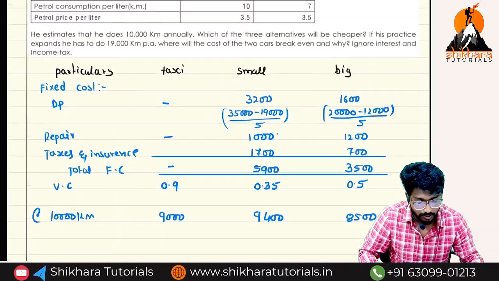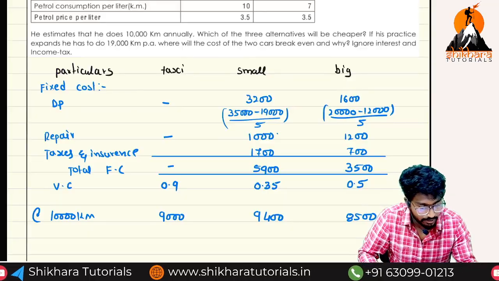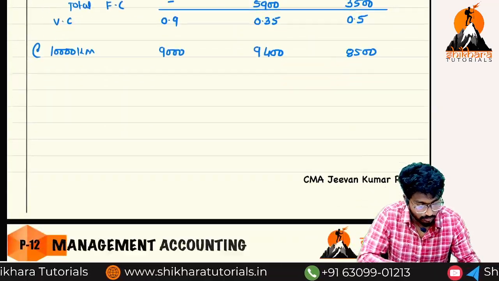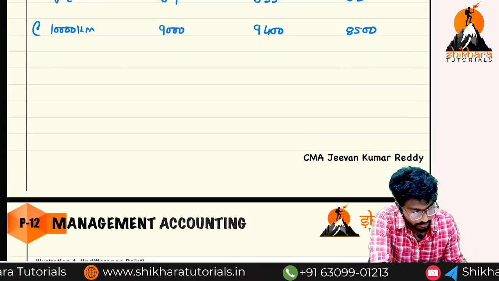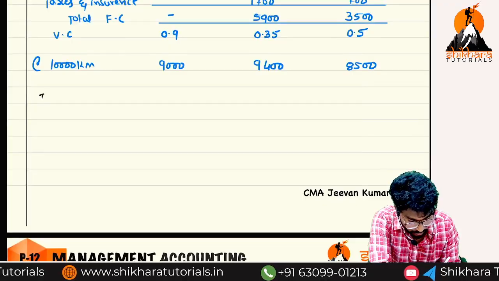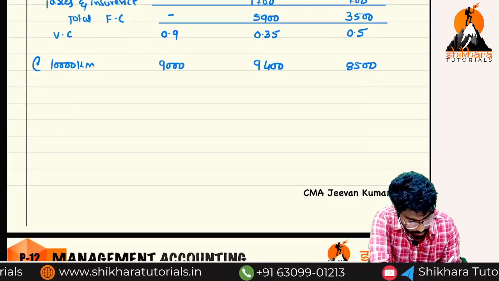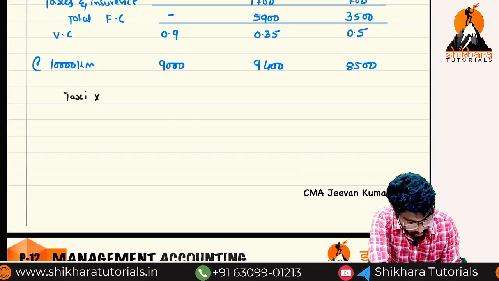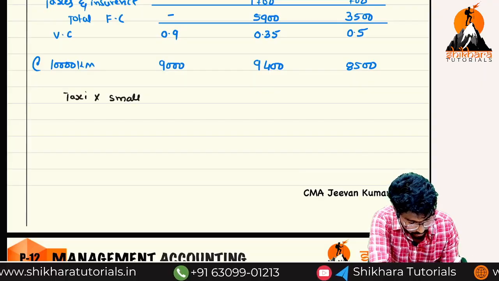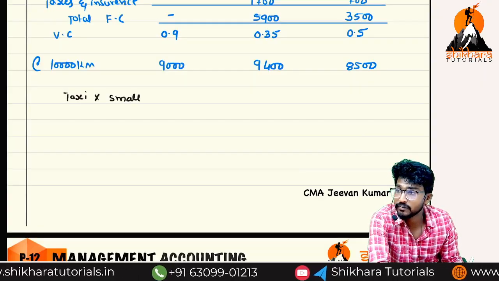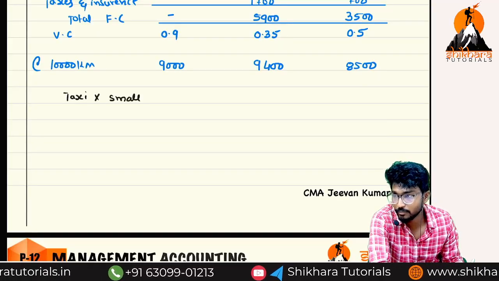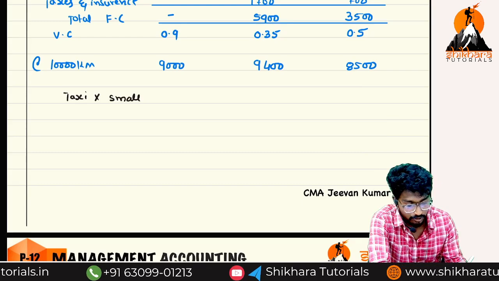Now I am taking these as A, B, C. First I am calculating between taxi and small car. What is the formula for the indifference point? Change in fixed cost divided by change in variable cost per unit.